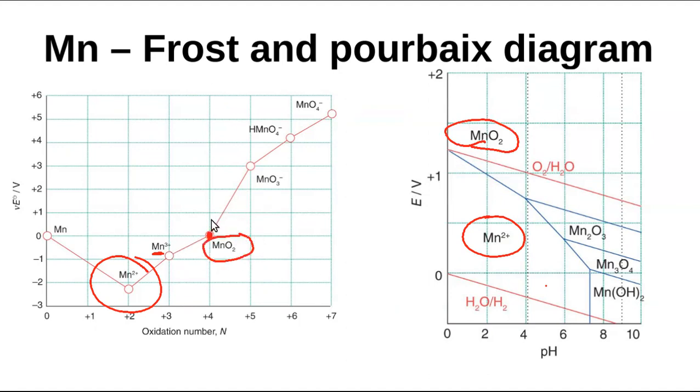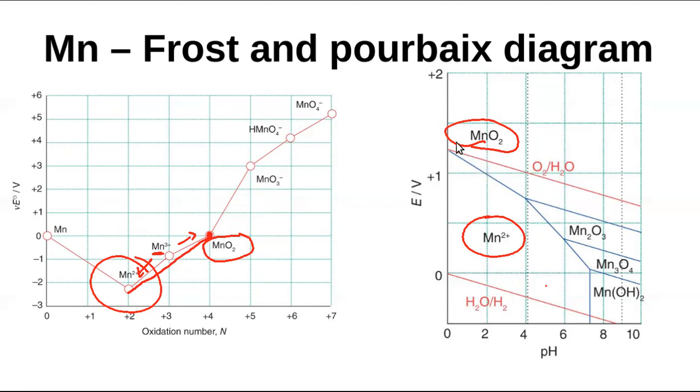Frost diagram. Then we can perhaps explain that for this manganese 3 plus, if we draw a line in between these two, we see that manganese 3 plus aqueous is above the connection line, so some of it will oxidize and some of it will be reduced.